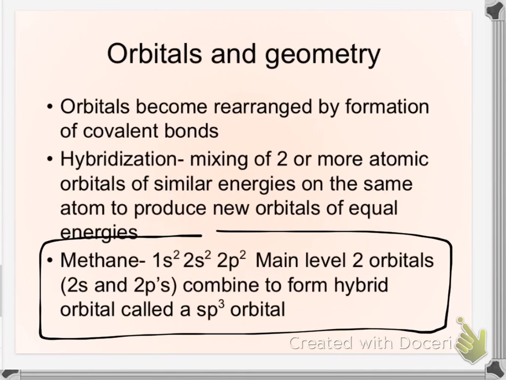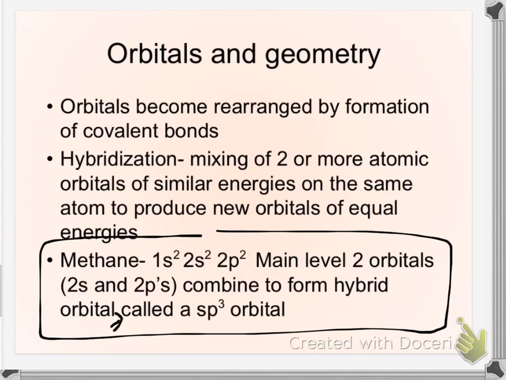The level 2 orbitals, the 2s and the 2p's, combine to form hybrid orbitals, called an sp3 orbital. So you take 1 s and 3 p's, you throw them in the pot, what you get out are 4 identical sp3 orbitals.